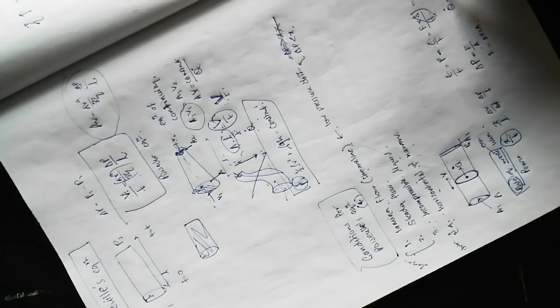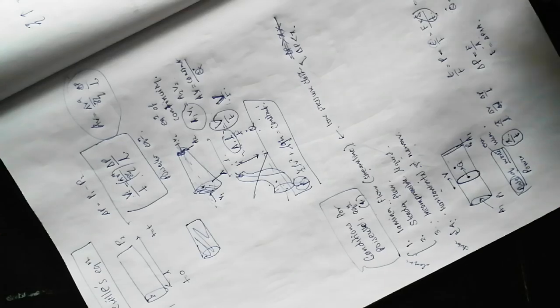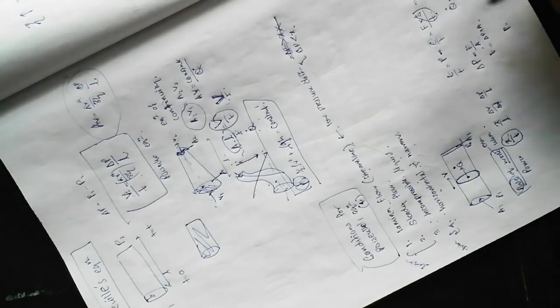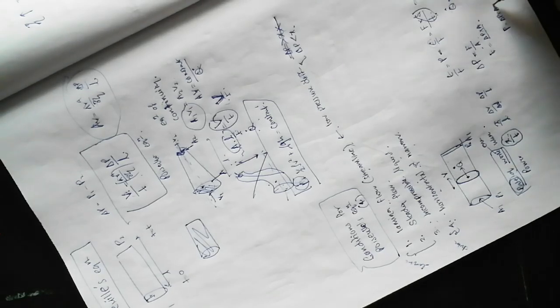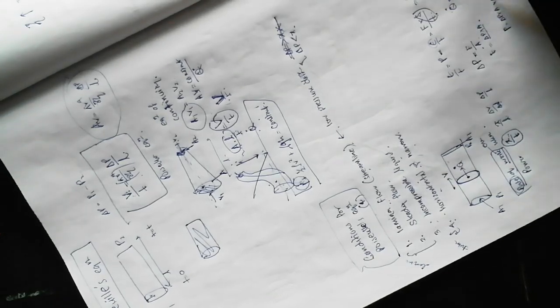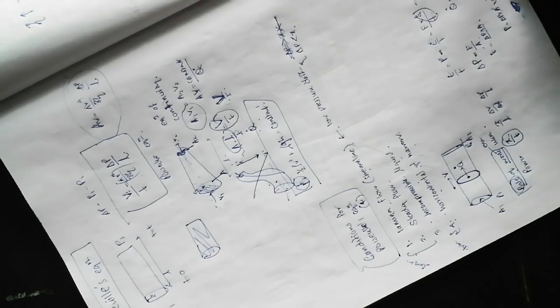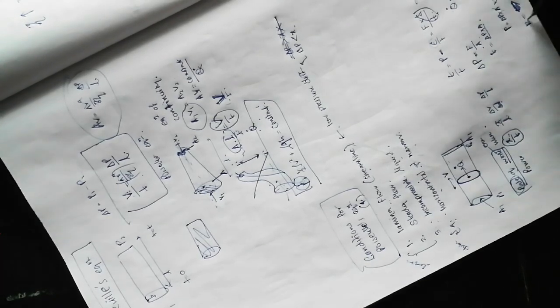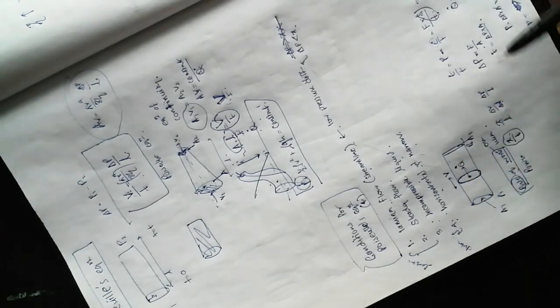If you make V the subject, V equals Q dot over A. Now take the force and velocity from these. Power equals force, delta P into A, multiplied by velocity, Q dot over A. The area cancels, so power equals delta P multiplied by Q dot. This is the rate of work done when a viscous liquid is flowing through a tube. This is power.